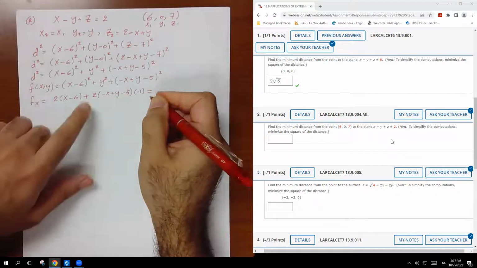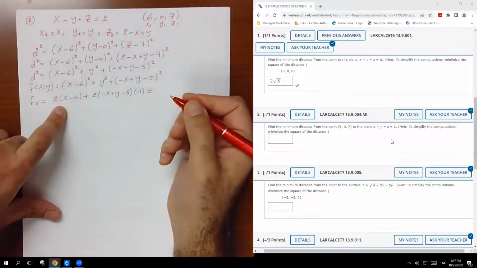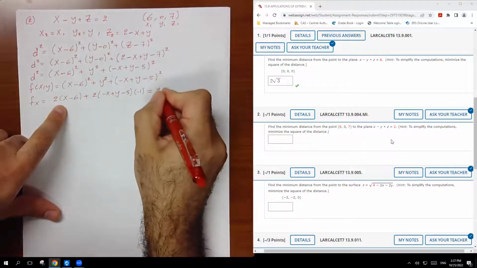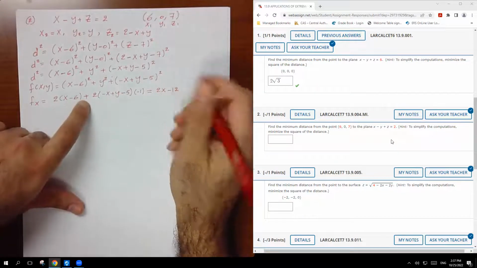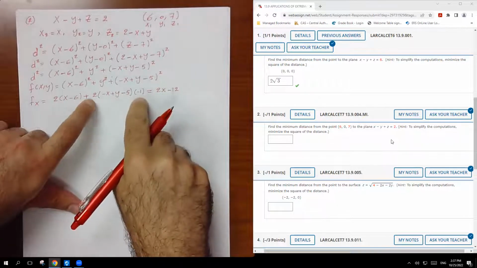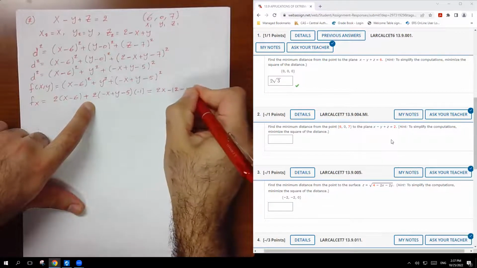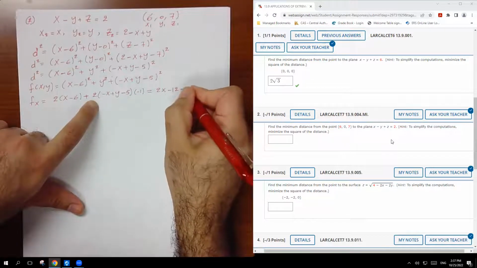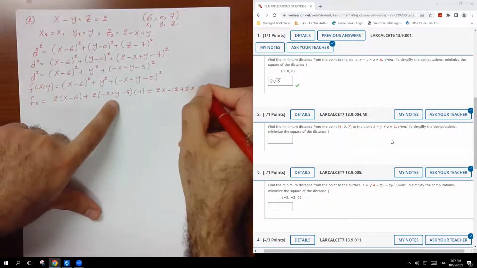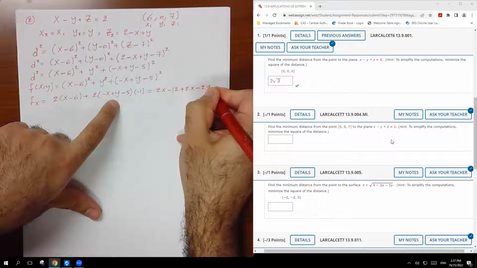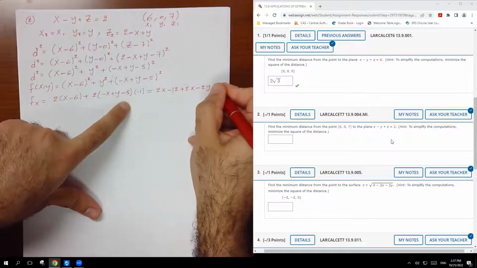So let's distribute this one. It's going to be 2x minus 12. Negative 2, be careful here, is negative 2. So negative 2 times x is going to be positive 2x. Negative 2 times 1 minus 2y plus 10.